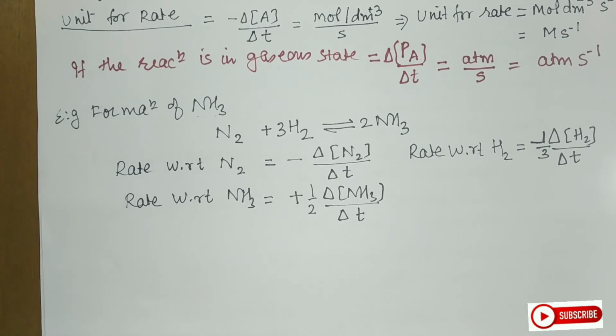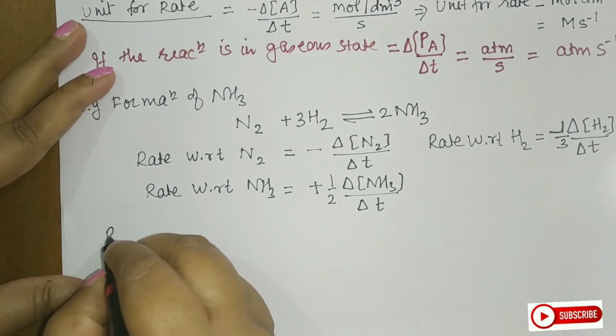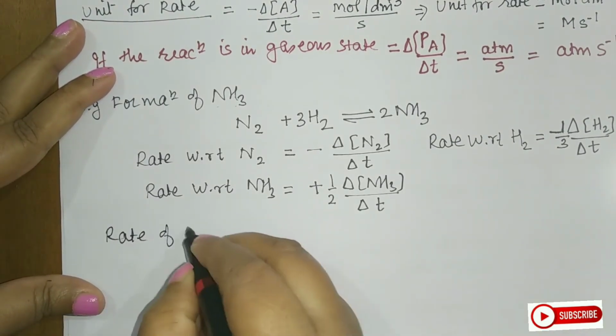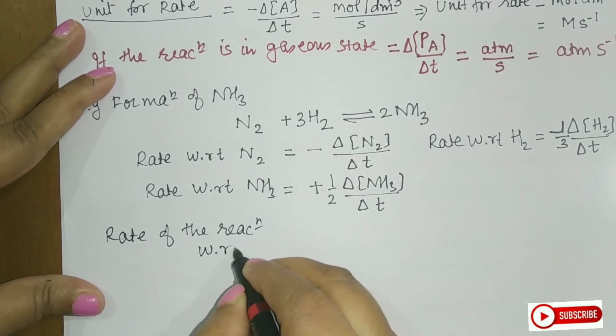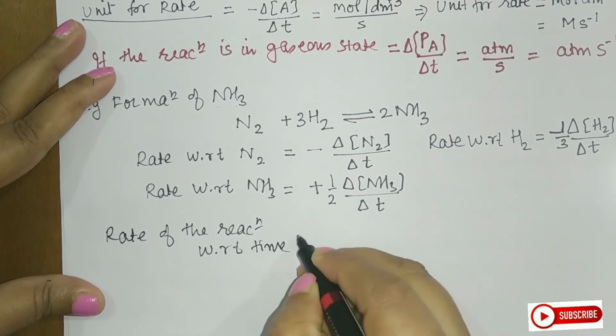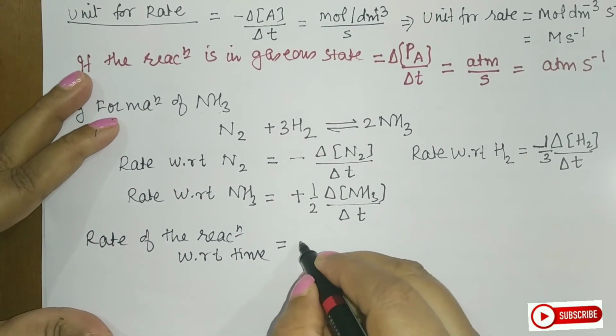Now why do we write this? Because if I consider the rate in general for the reaction, how will I write? So rate of the reaction with respect to time, I will relate all the concentrations. So how will I write them?